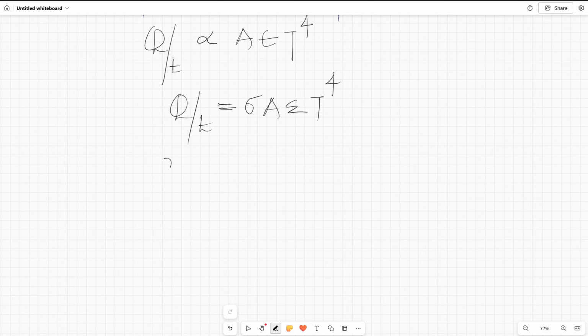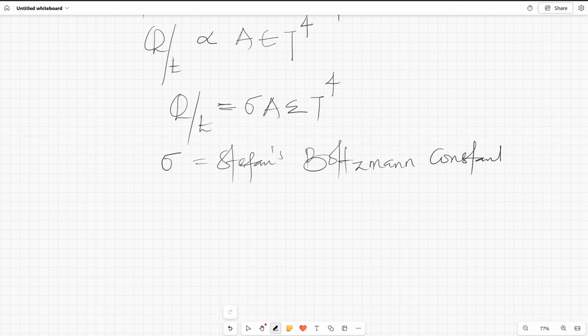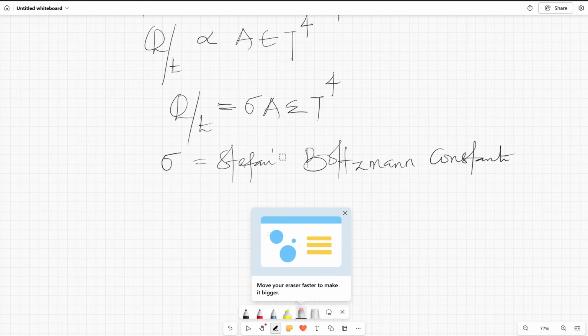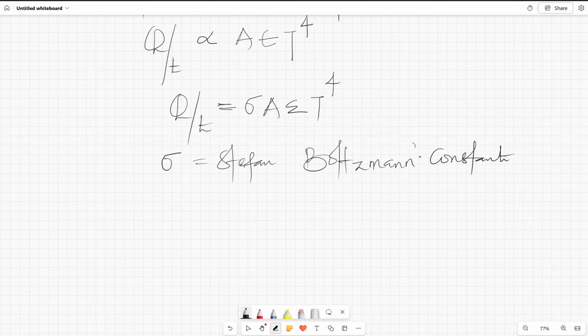So do not forget this is what we call the Stefan-Boltzmann constant, and the value is about 5.67 times 10 to the power of negative 8 watts per meter square per Kelvin to the power of 4.